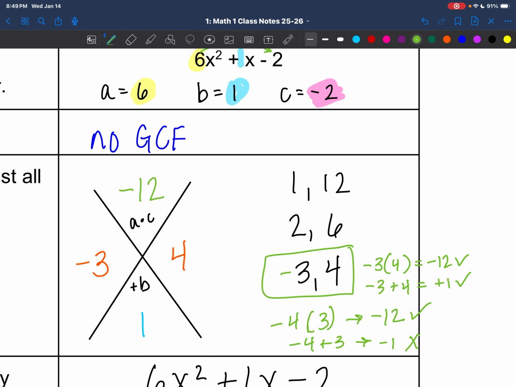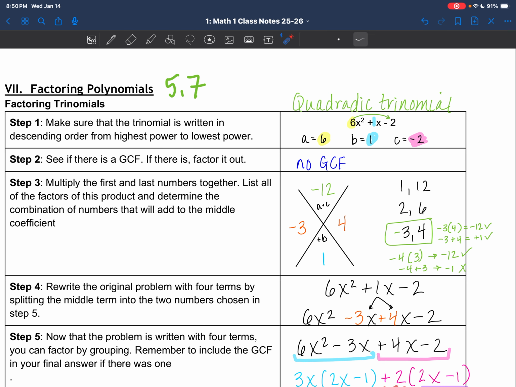Then we're going to put those over here. These are the numbers that we're going to use. Now that we have all of this information, we can rewrite the original problem, but this time we're going to make 4 terms by splitting the middle term into 2 numbers.